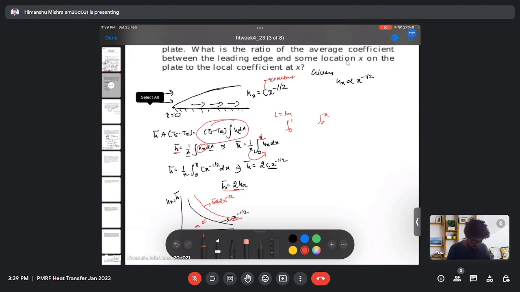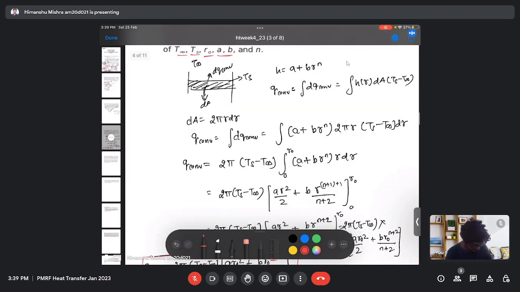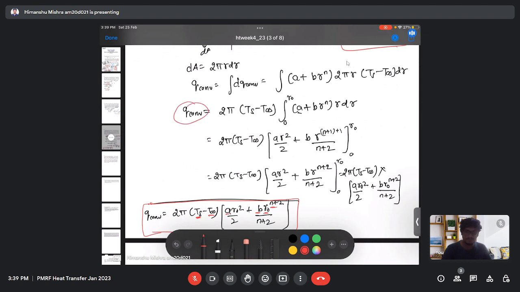We use the expression which defines the heat transfer in an element area, and we integrate this expression over the circular sheet to determine the total heat transfer. Everything else is just mathematical simplification.